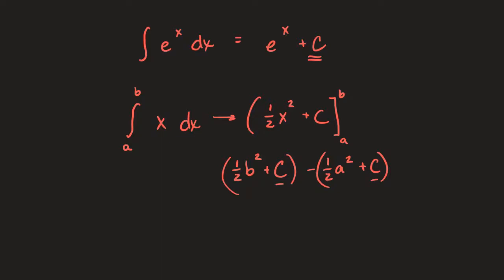So for those of you in AB, that's why you'll see the constant appear sometimes and disappear others. I only have to worry about the constant if I don't have limits on my integration. We're going to have limits on all of our integration, so we should be okay to not worry about the constant too much.